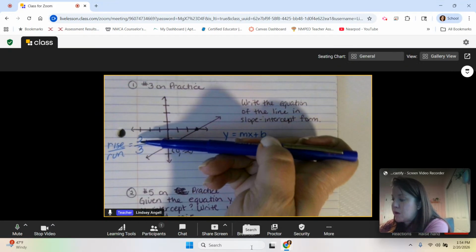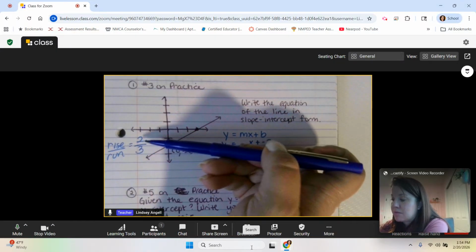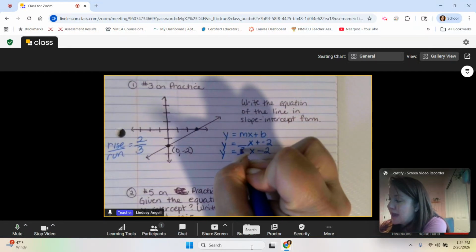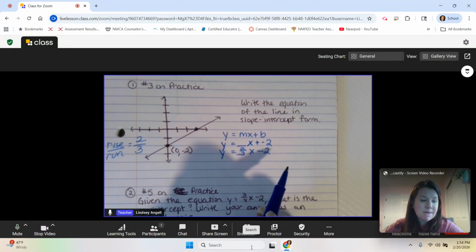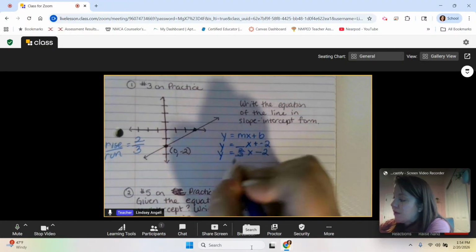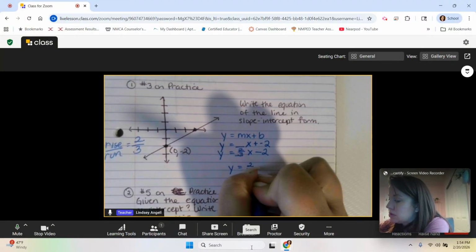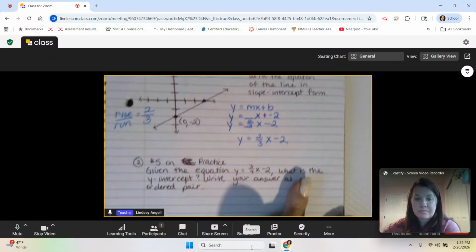So we rose up 2, we ran 3, and that can't be reduced. That is our slope, 2/3 x minus 2. That would be your final answer: y equals 2/3 x minus 2.